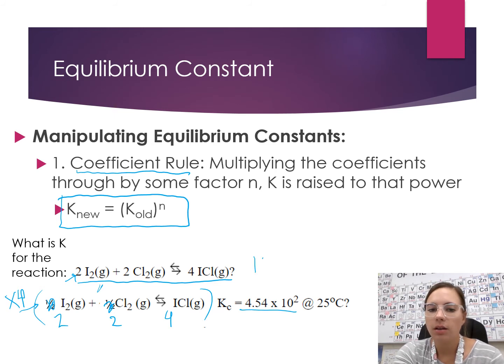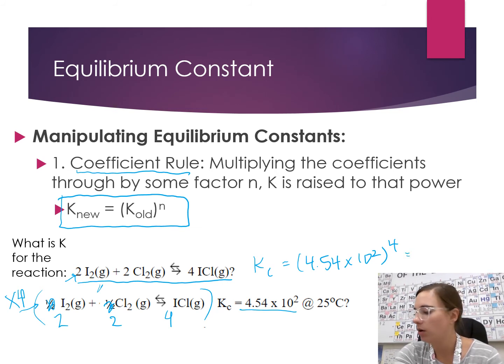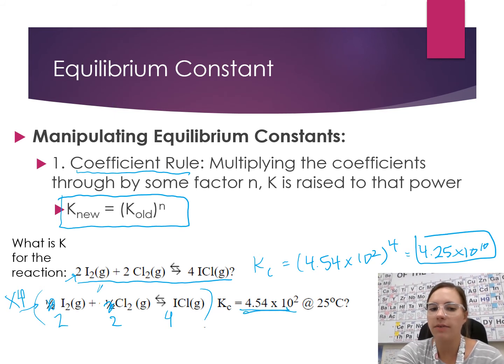So then the K for this reaction is equal to the old K raised to the 4, because I multiplied through by 4. And I get 4.25 times 10 to the 10. So I used this K value in this reaction to calculate this K value for this reaction.